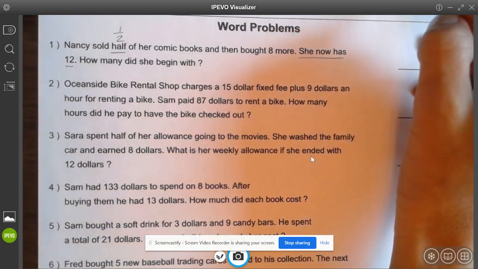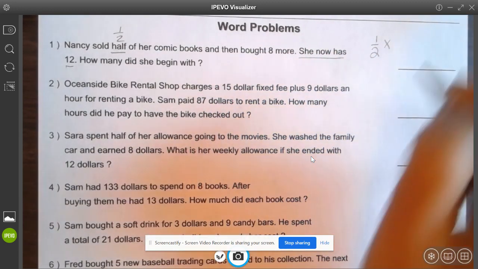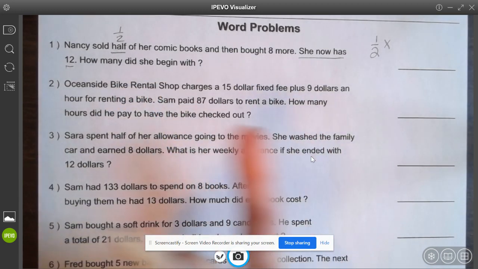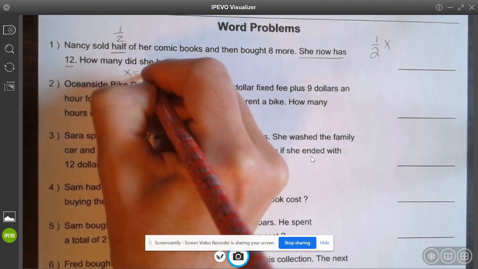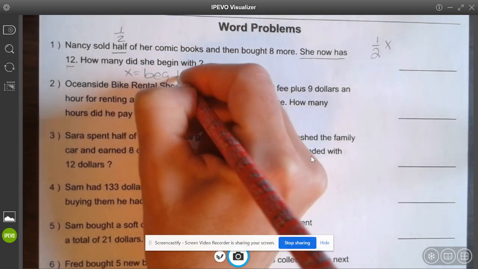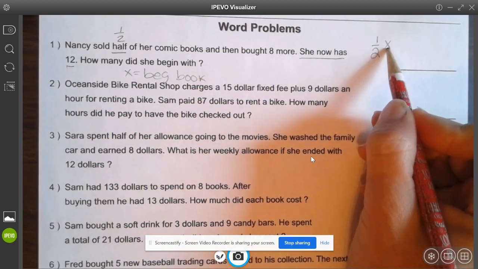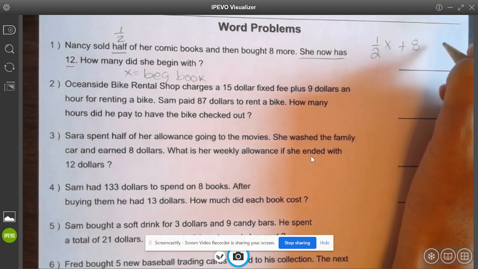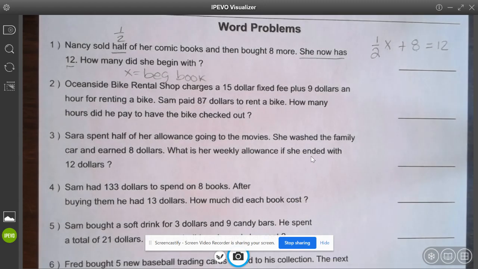So that's half of X, and X represents how many she began with. So then she sold half of them, and then she bought eight more. So plus eight. And then she has now 12. So equals 12. And that's how I form my equation.